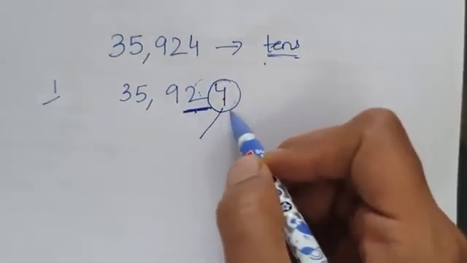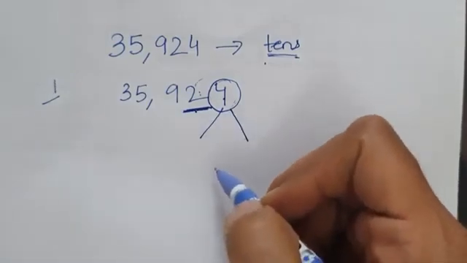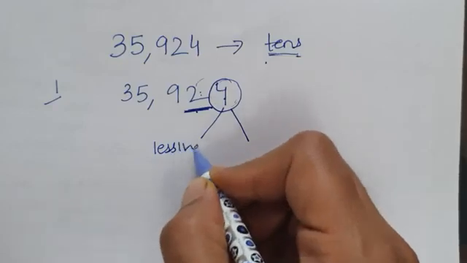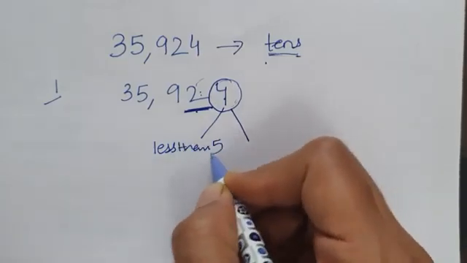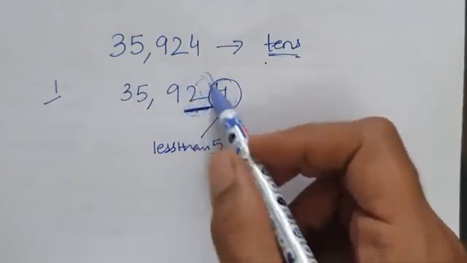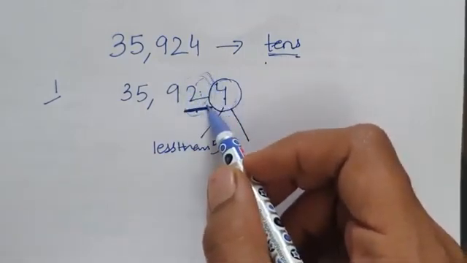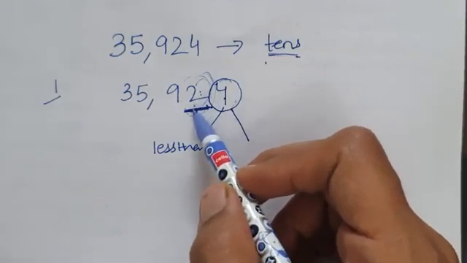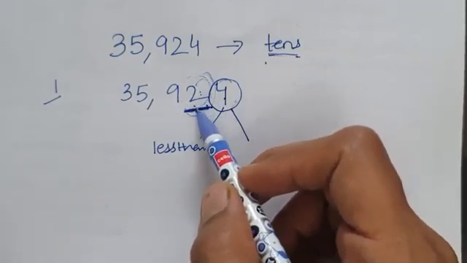Now we will see this digit. If this digit is less than 5, then there will be no change in the underlined digit. Means we will write it as such, that is 2 only.